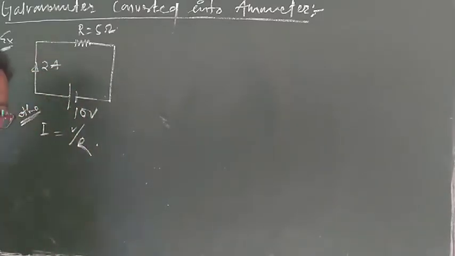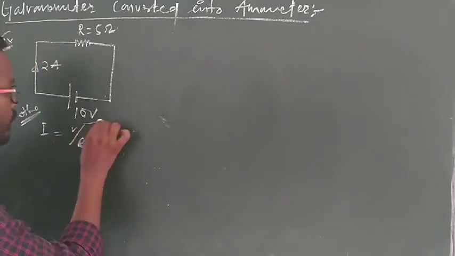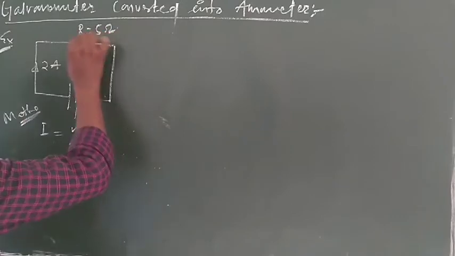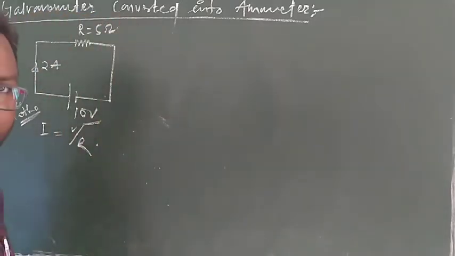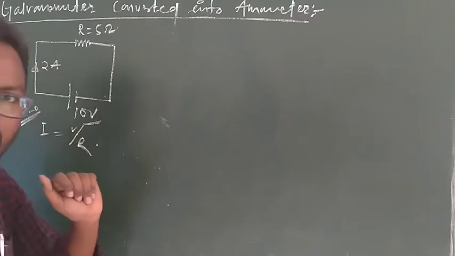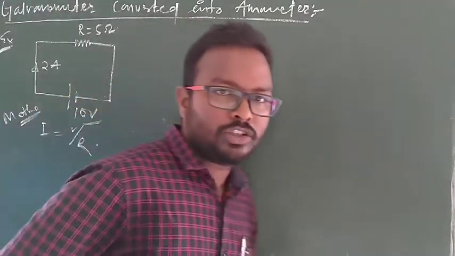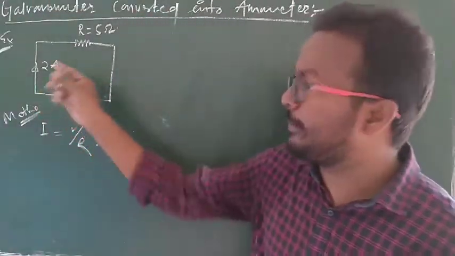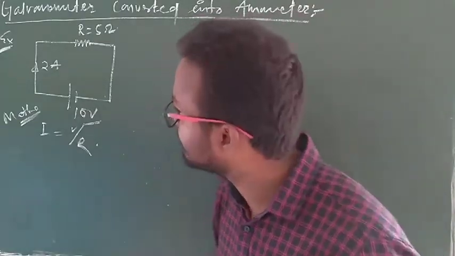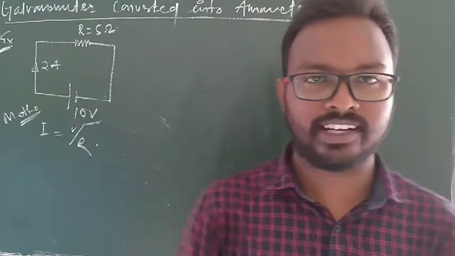That means if there is a 10 volt supply and we use a 5 ohm resistor across the circuit, the current of the circuit is 2 ampere. How can we know the current flowing through the circuit is 2 ampere? Here we have to use an ammeter to determine this amount of current.